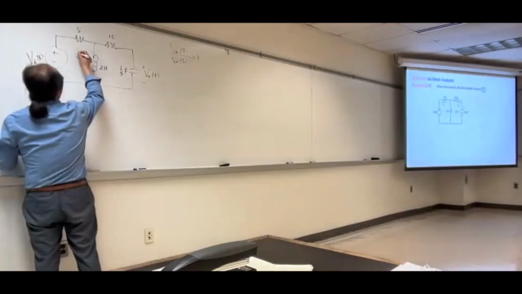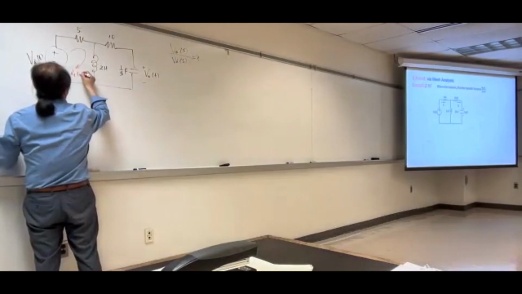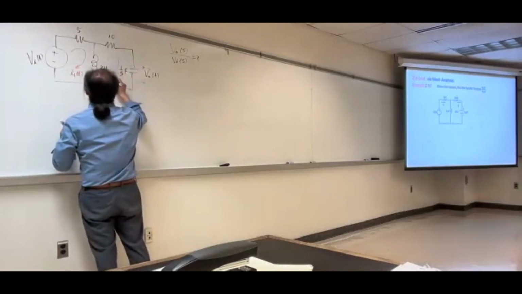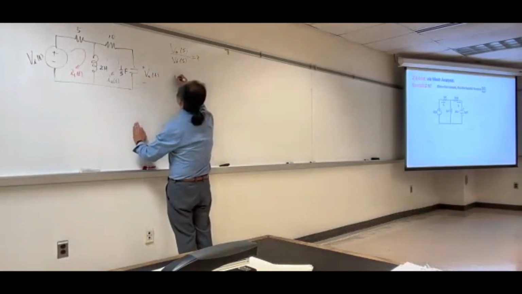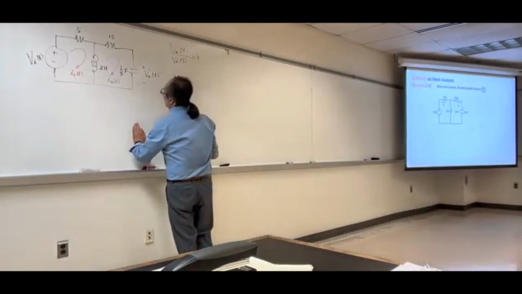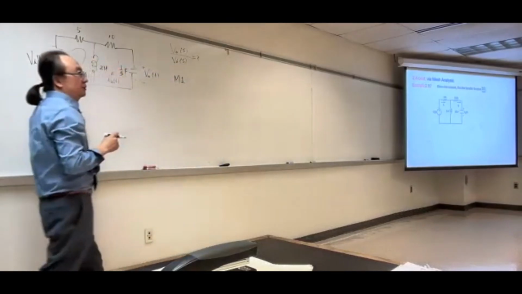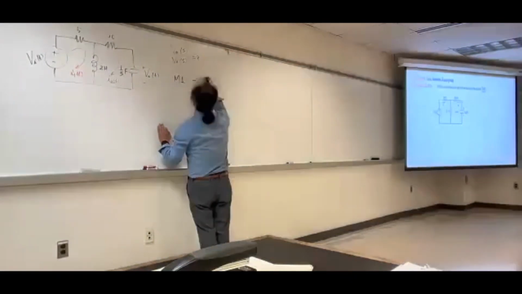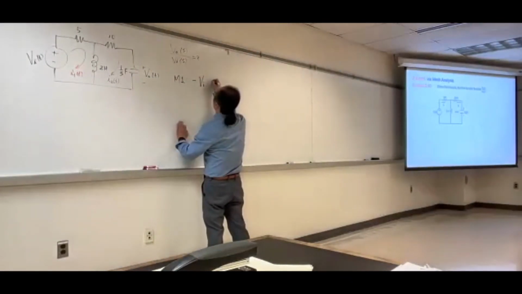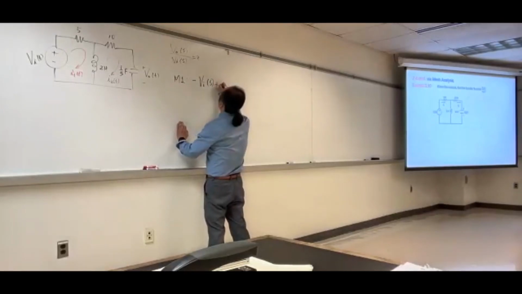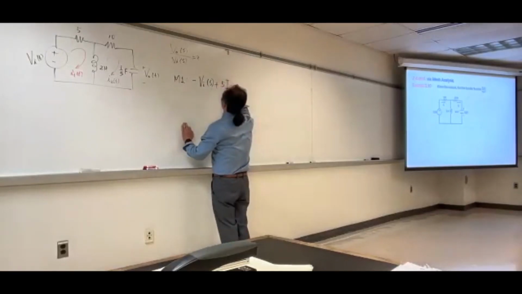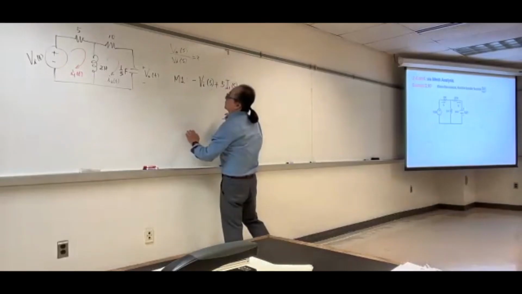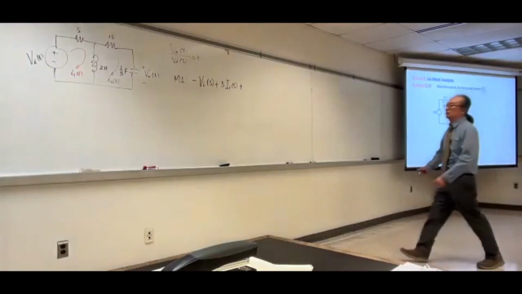I'm going to say I1 and then I2. So in mesh 1, we are doing the mesh analysis. We have negative Vi(s) plus 5 I1(s) plus, what's the Z of the inductor?